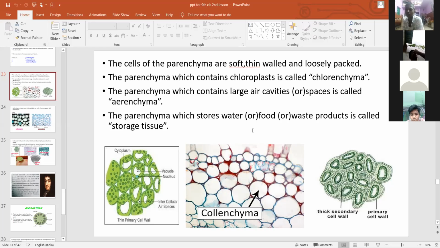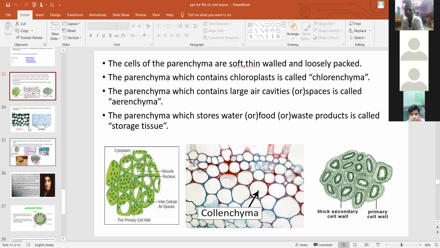The parenchyma stores water, food, and some waste products. That's why it is also called storage tissue.